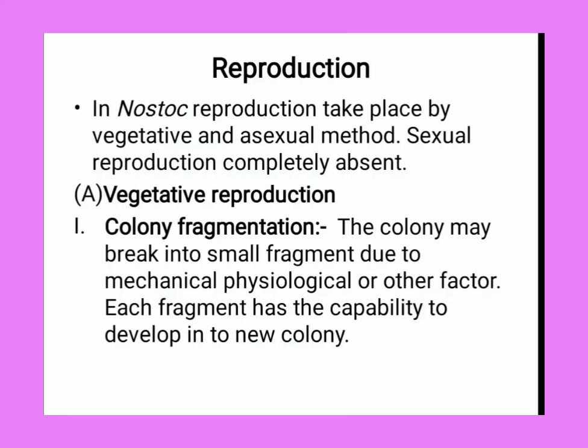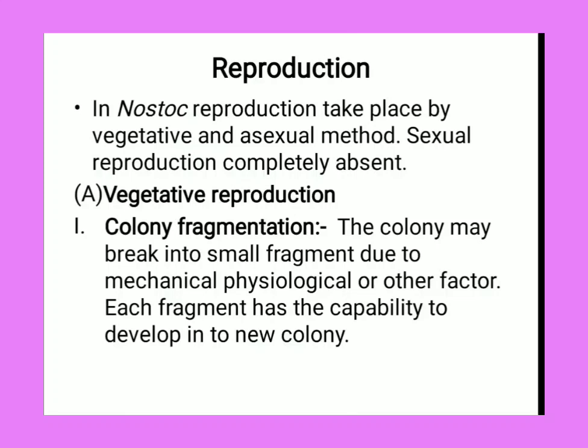In the first type, colony fragmentation, the colony may break into small fragments due to mechanical, physiological, or other factors. Each fragment has the capability to develop into a new colony. What does vegetative reproduction mean?